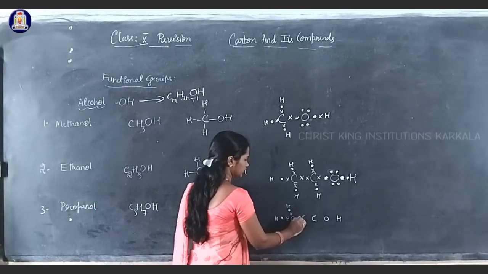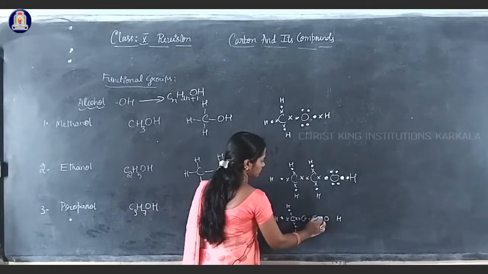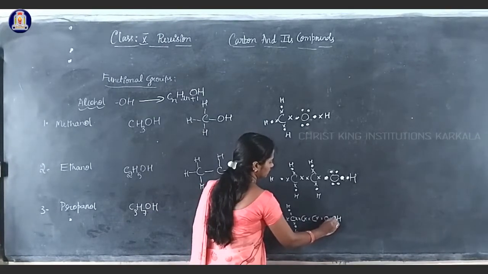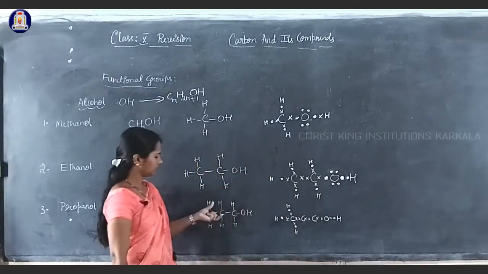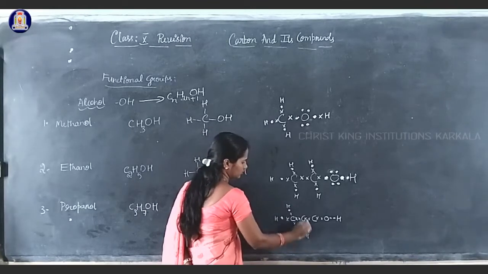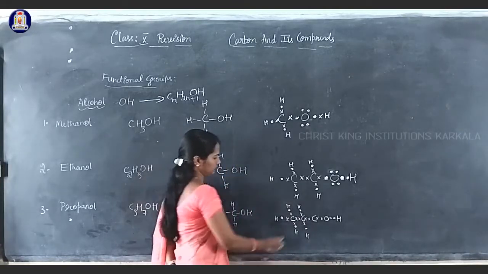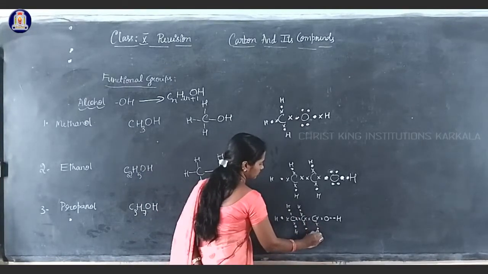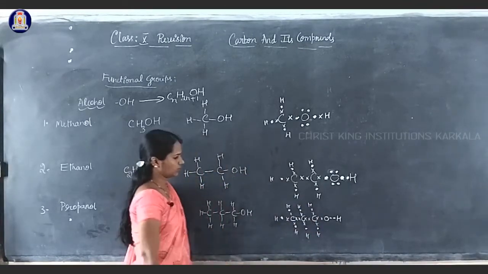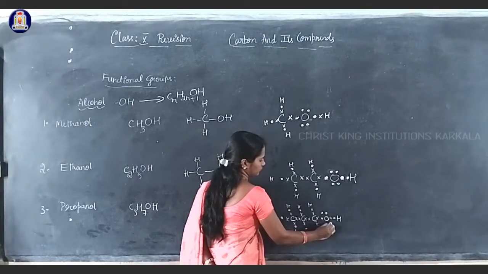Between carbon and carbon, single bond, single bond. This is also a single bond, but this I write as a dot. So this is also a single bond. Second one, 2 hydrogens, so cross, dot H, cross, dot H. Third one, cross, dot H, cross, dot H. Last, oxygen: 1, 2, 3, 4, 5, 6.